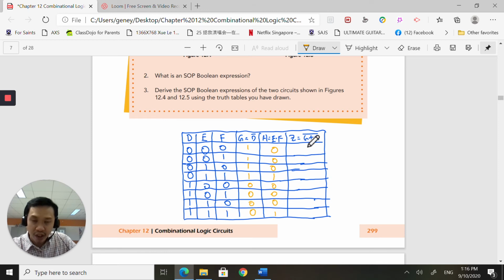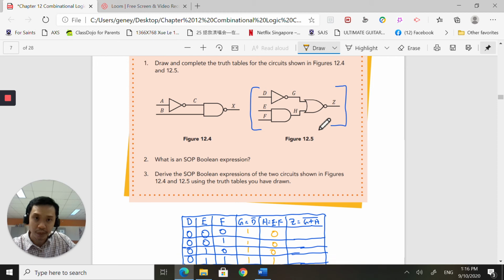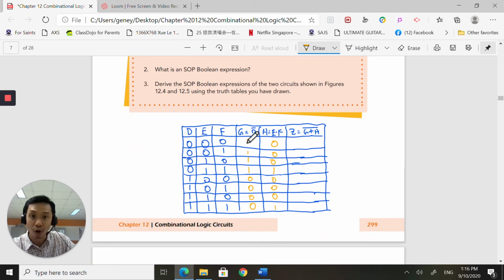So now the output is G NOR H. Okay, it's a NOR gate. So it must be a NOR, not an OR. Ordinarily it will be 1, but it is not an OR. Okay, so this one is also not an OR.